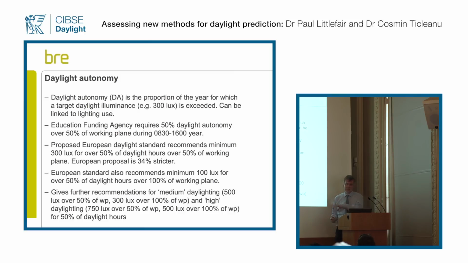So essentially this means that the daylight in the middle somewhere has to exceed 300 lux over 50% of, in this case, a school year, during an 8:30 to 4 o'clock day, which corresponds to the typical school day, which is a perfectly reasonable thing, given that we're talking about schools.